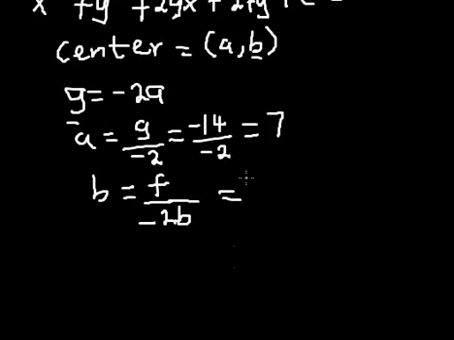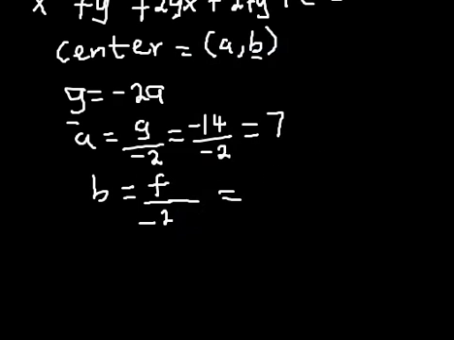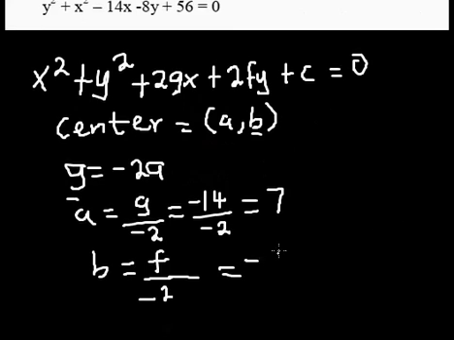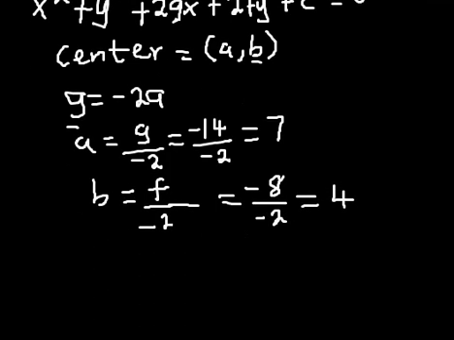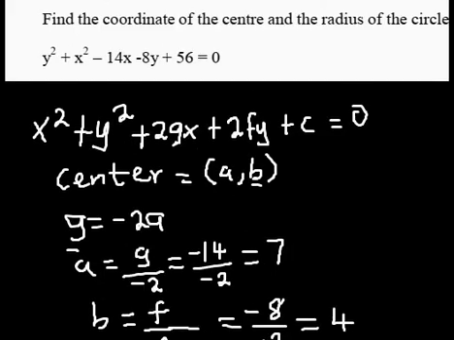So my b is f divided by minus 2, which is minus 8 divided by minus 2. So this gives 4. So the center coordinate is a, which is 7, comma b, 4. As simple as that. Then what's next?